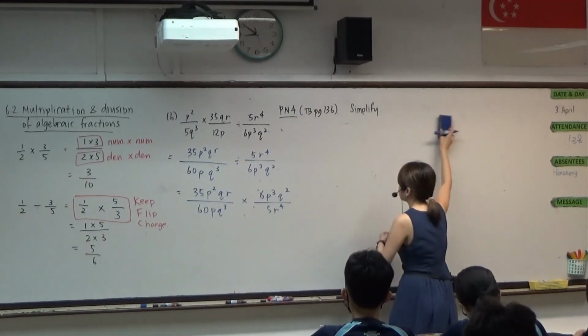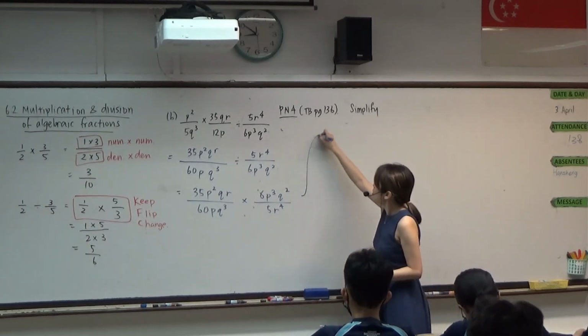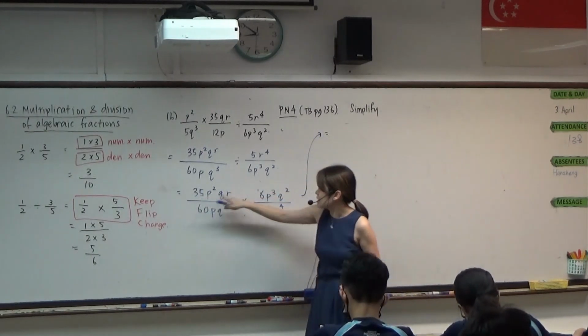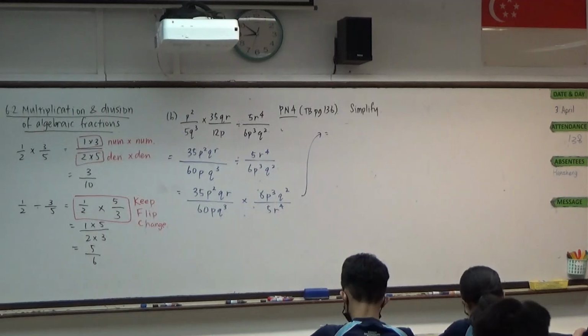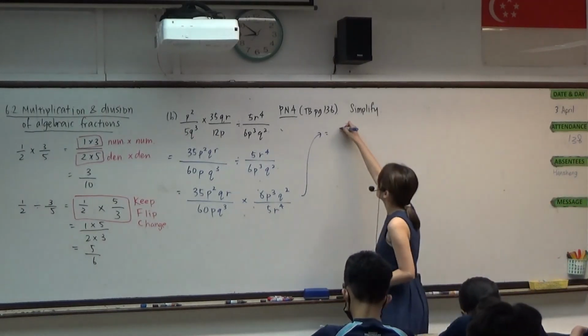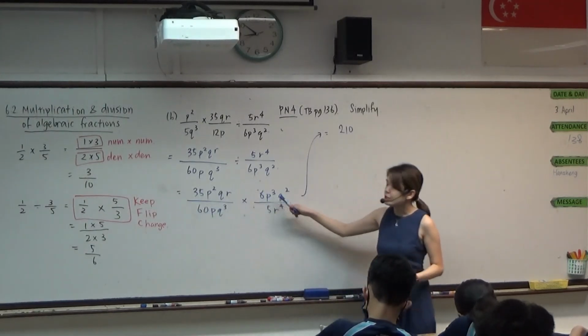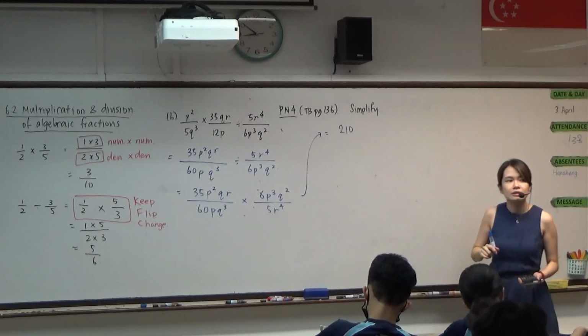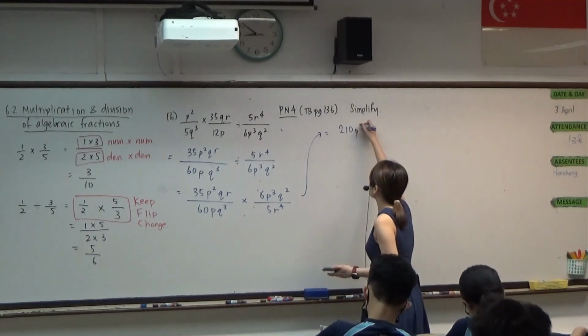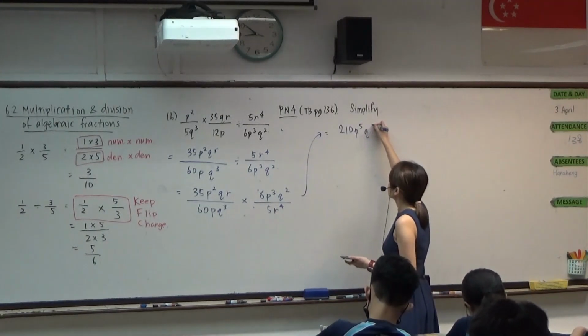Denominators. So 35 times 6, what would that be? 210. Okay. P squared, P cubed, how many P's would that be? 5, right? Okay, so P to the power 5. Q cubed.